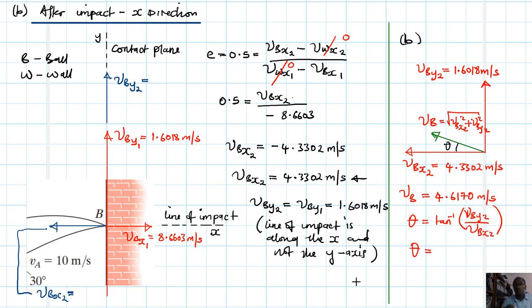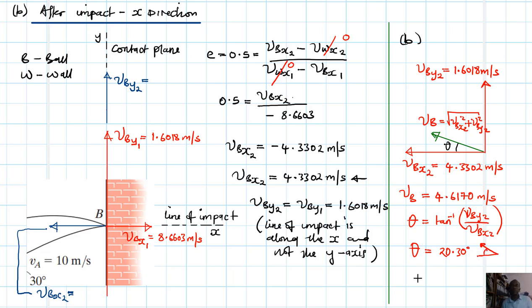Theta therefore is just going to be equal to 1.6018 divided by 4.3302, and tan inverse of that, we do have 20.30 degrees, and it is like that.